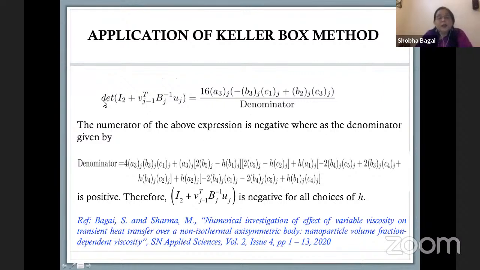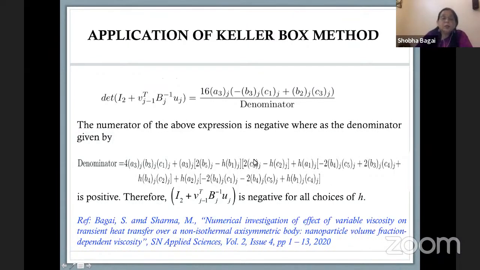Similarly, as I said, I had missed out the determinant over there, there was a typo. So the determinant of this comes out to be a term in the numerator and the denominator, where the denominator term is this whole expression.